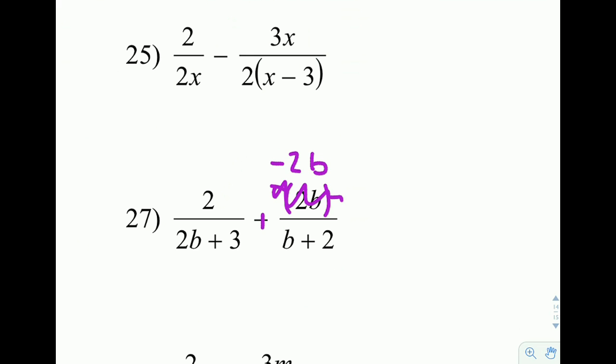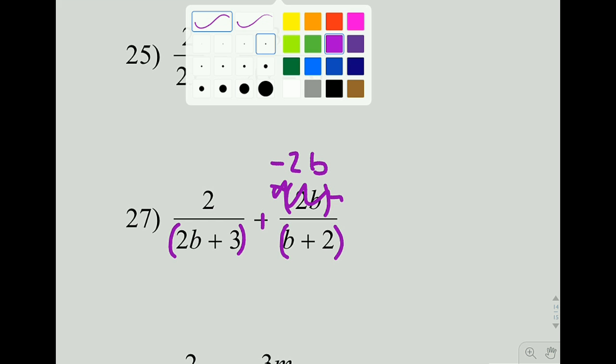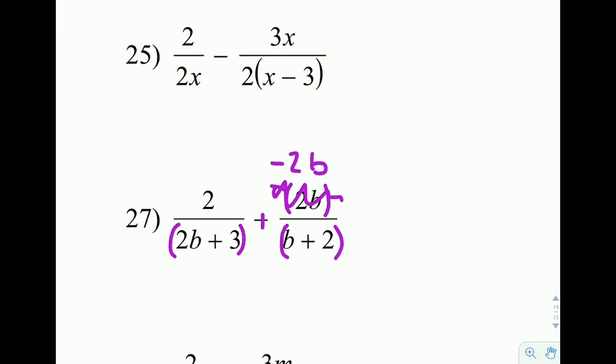Then I need to get my common denominator. And when I look at these, 2b plus 3 does not reduce or factor out. b plus 2 does not factor out. So I just need to keep these as entire groups together. In order to get something in common, I'm going to multiply the other side by the opposite fraction. So this denominator here, the 2b plus 3, is going to get multiplied over here on top and bottom.